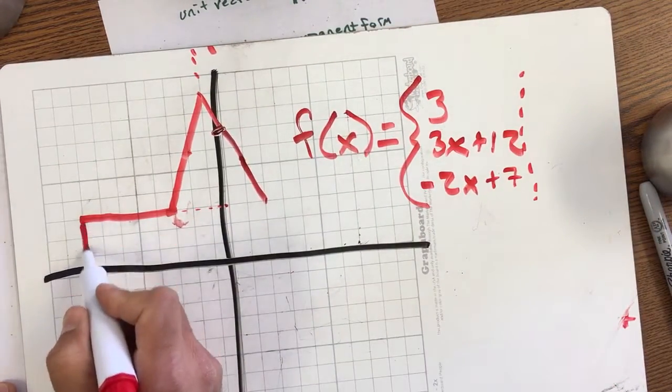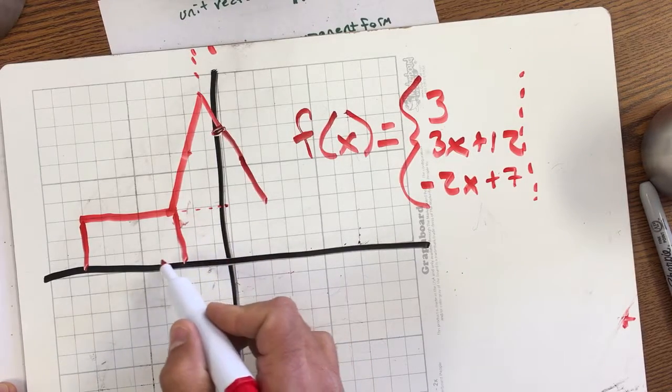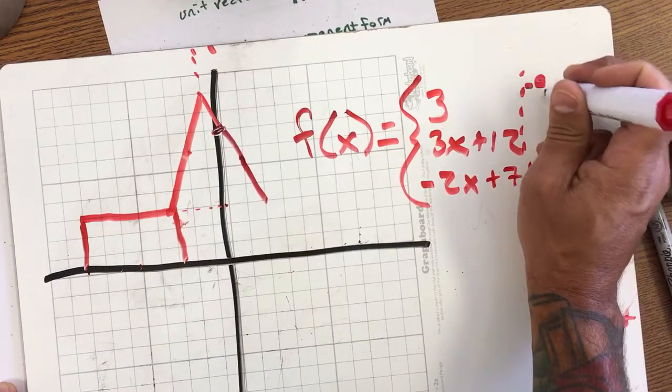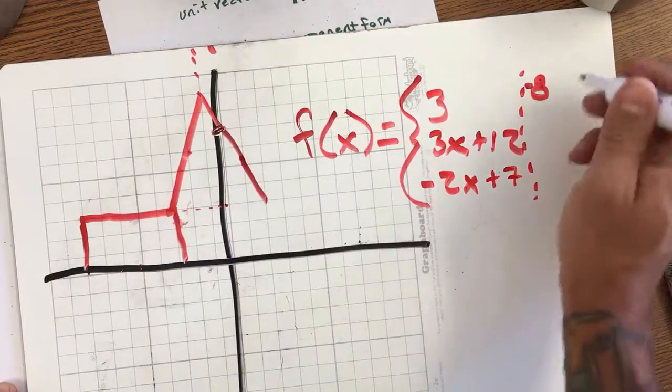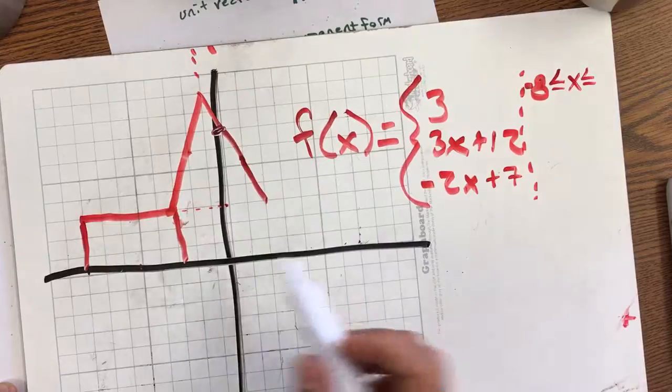This one on my x goes from here to here, which is negative 1, 2, 3, 4, 5, 6, 7, 8. Negative 8. When it's a line, meaning there are no dots in there, it's going to be less than or equal to every time on all of these.